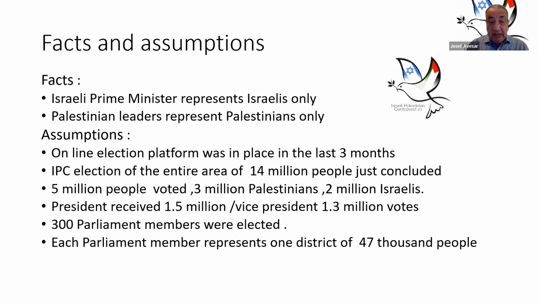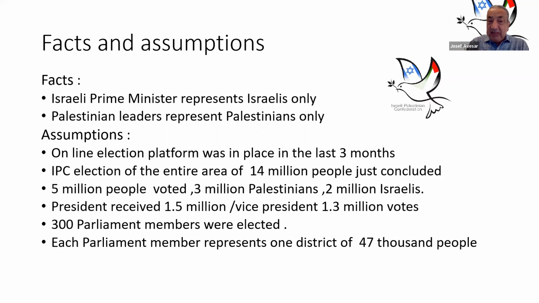And I will ask most of you to act as parliament members. Remember, this is not a lecture, even though it probably sounds like a lecture. I'm asking you to participate, and I'll ask you to participate even more in a few seconds. If you are a parliament member, you represent 47,000 people.